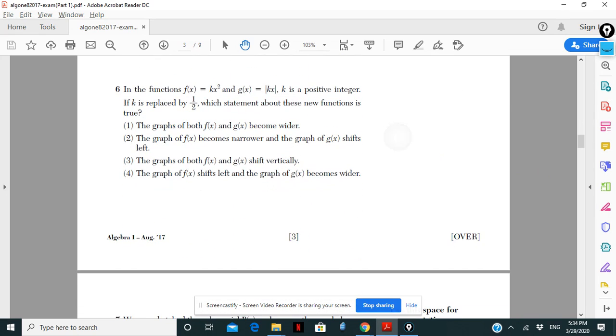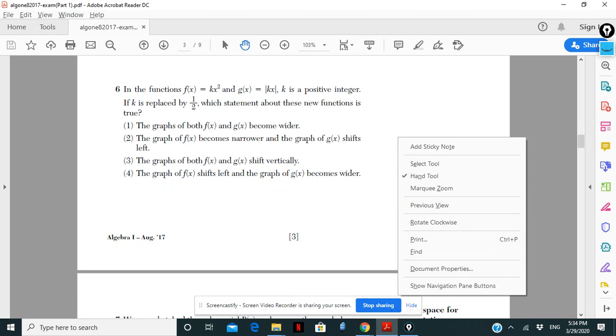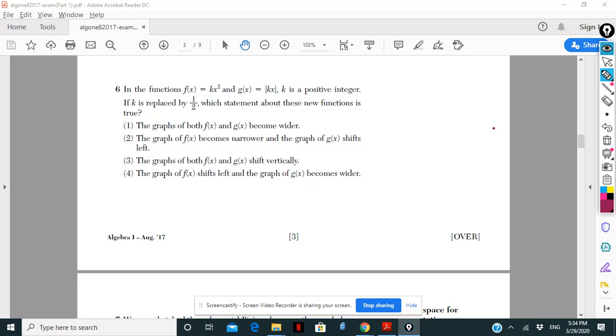Question number 6. In functions f(x) = kx² and g(x) = |kx|, where k is a positive integer, if k is replaced by half.